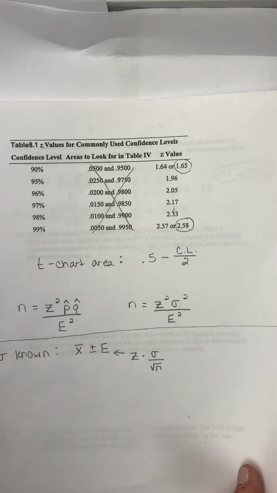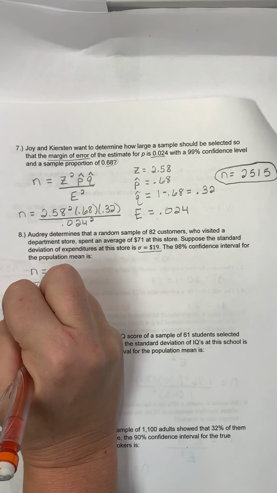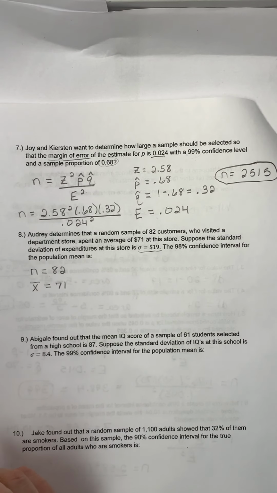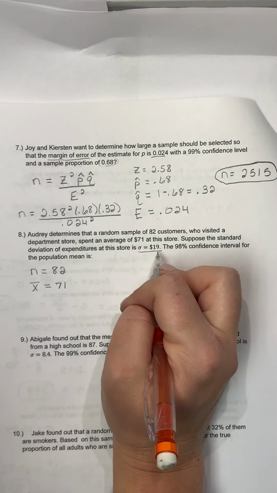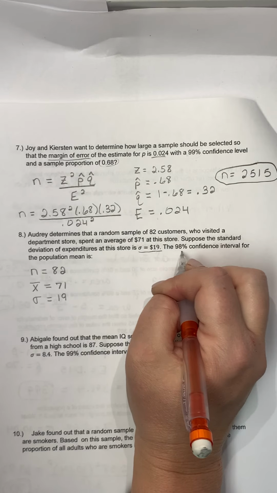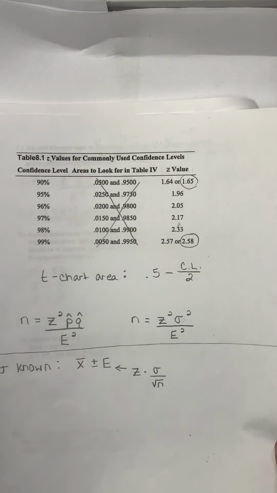Okay, let's identify what we have so far. A random sample of 82, that's your N, who visited the department store spent an average of 71. That's your X bar. You have to be able to identify these. Then we have sigma. That's how we knew it was sigma known. And this percent confidence level, because it's sigma known, is from here.